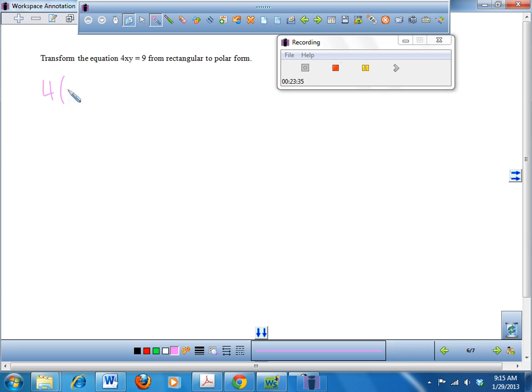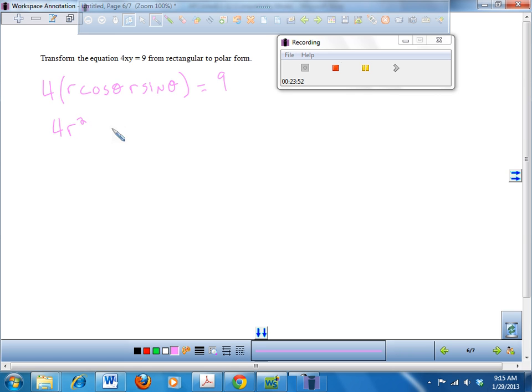Look on your sheet. r cosine theta. And y is r sine theta. And 9 is just plain old 9. Okay? And then when I simplify this, I get 4r squared cosine theta sine theta equals 9. Now if you just left this on a test, I'd be okay with that.